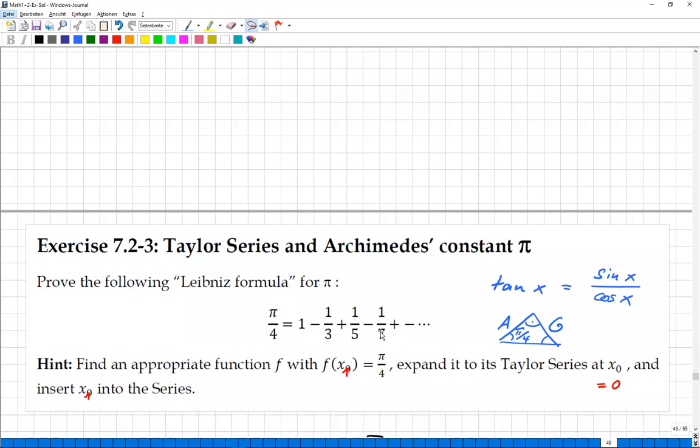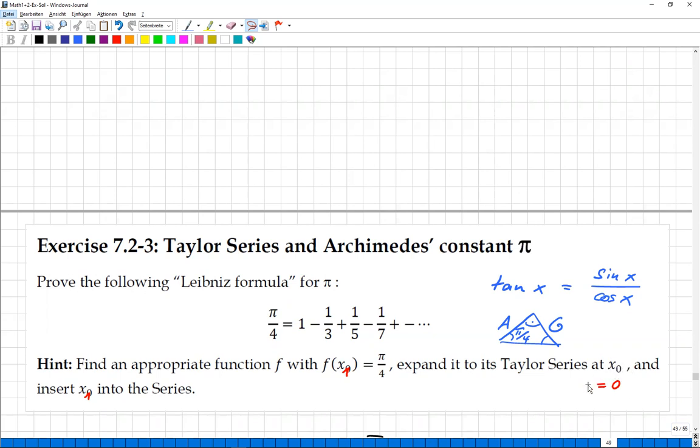But now, after expanding this respective function to its Taylor series, and then beforehand deciding at which value of x we construct this Taylor series, the hint should be to insert that value of x into the series where the function takes the value of pi over 4. So we must keep apart this x1 from this so-called expansion point x null.